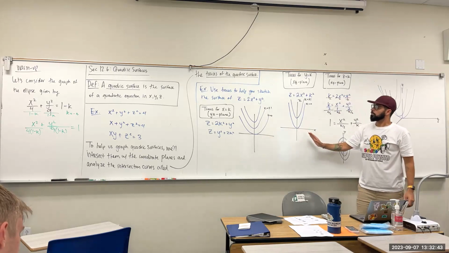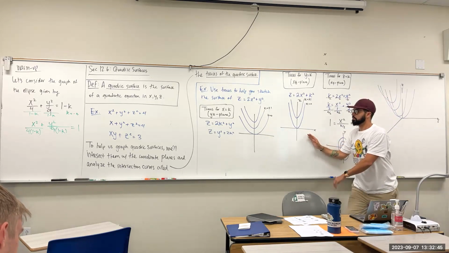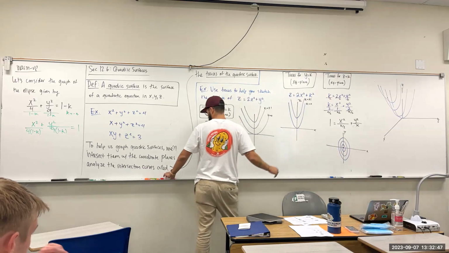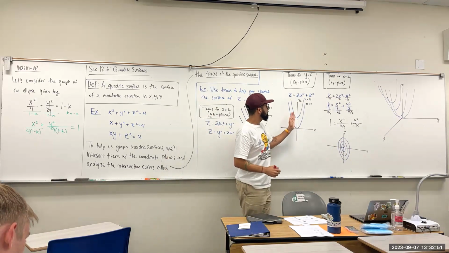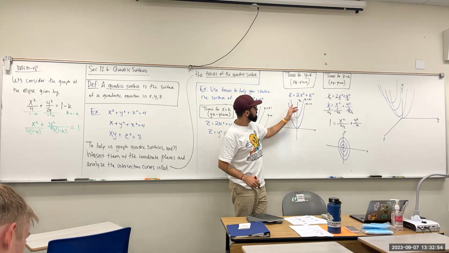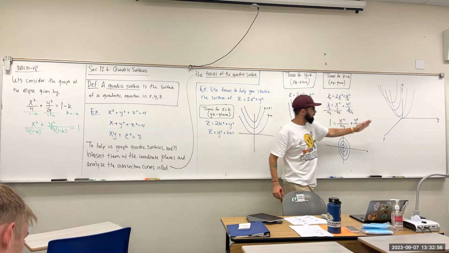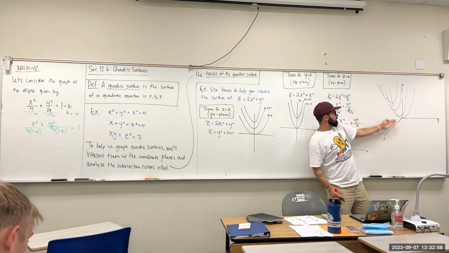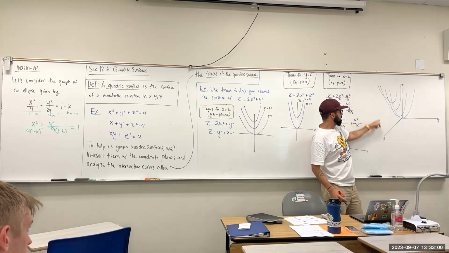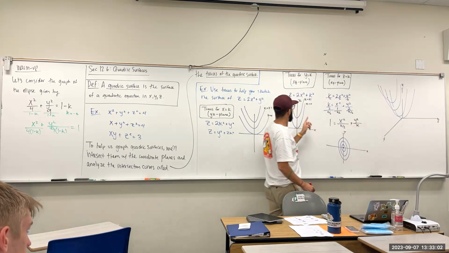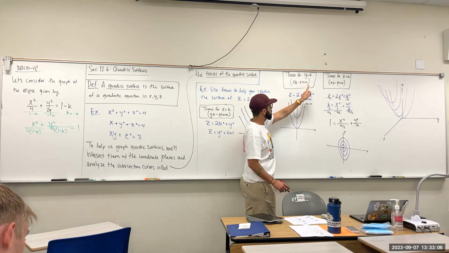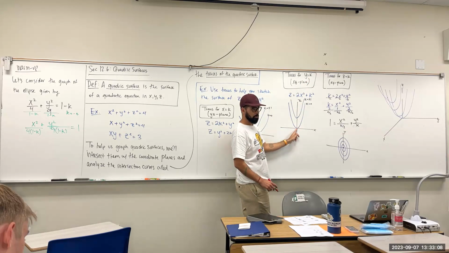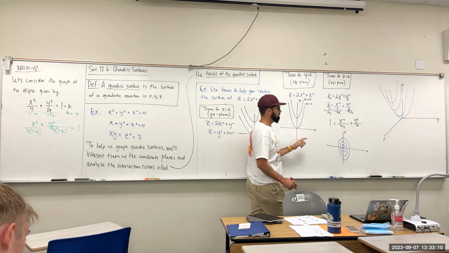Let's do these ones. I'm going to change colors. See this red work? Oof. Okay. Now we're going to look at the XZ plane. That's this one. It's kind of like this. And the parabola, when y was equal to 0, that was this parabola right here at the origin.